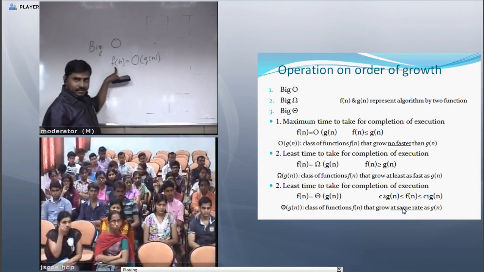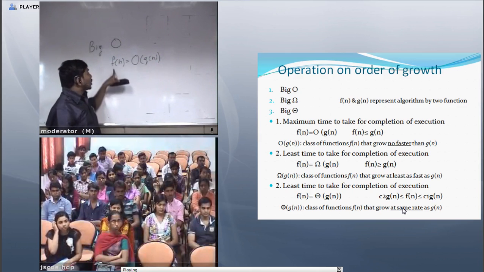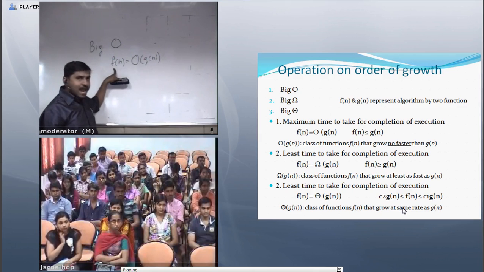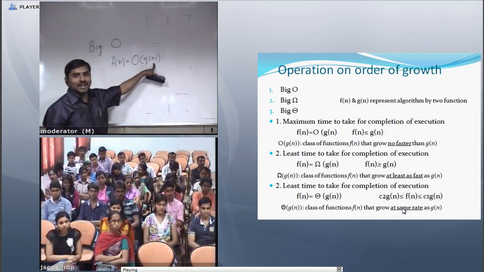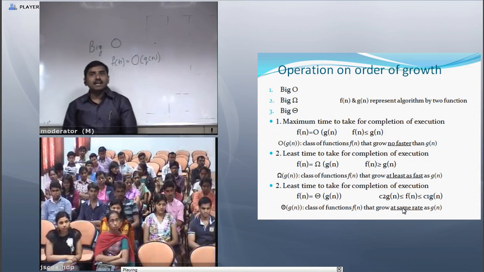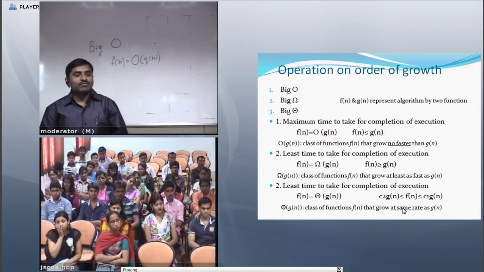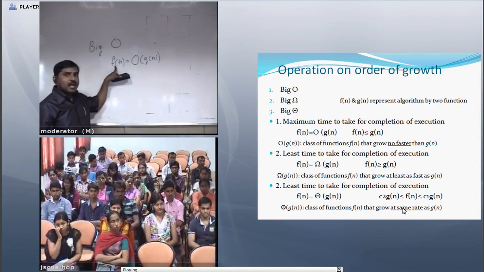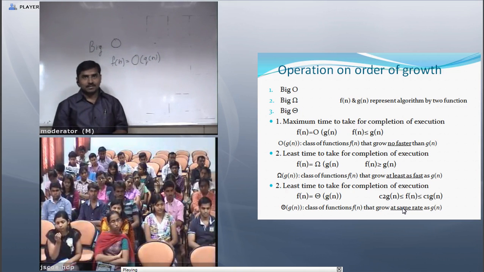The growth rate is nothing but the change of behavior. The growth rate of f of n is not greater than g of n. The same thing: maximum time taken for completion of execution means the growth rate of f of n is not more than g of n. That is big O notation.